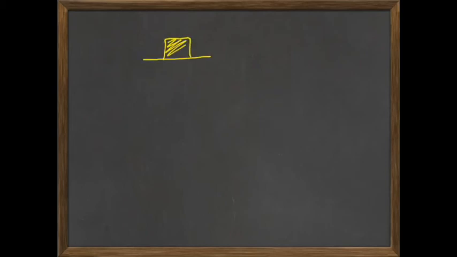So let's do another example. In this case, we have an object that we'll say is moving to the right because we're pulling it that way. The object has mass, so there's definitely a gravitational force acting on the object. It's touching a surface, so there's definitely a normal force.